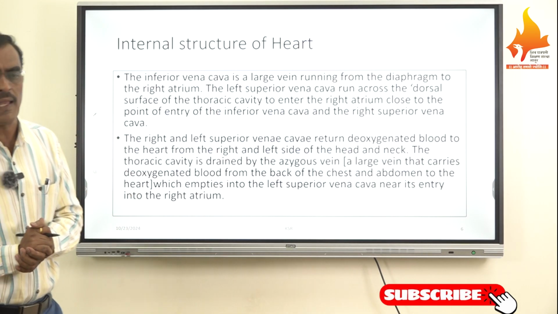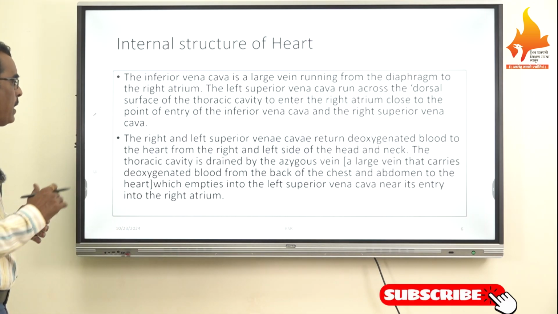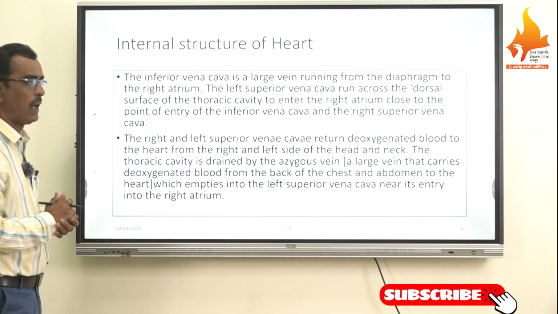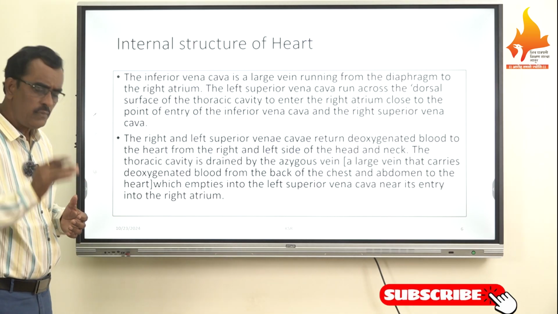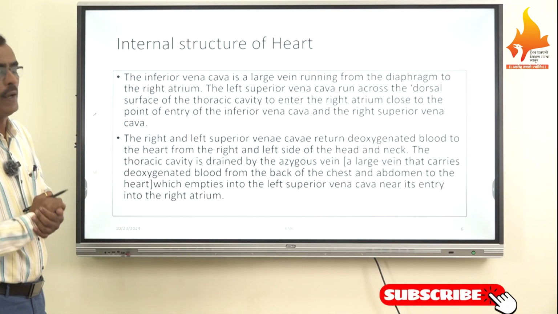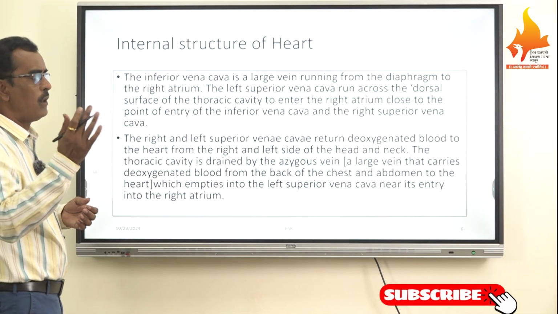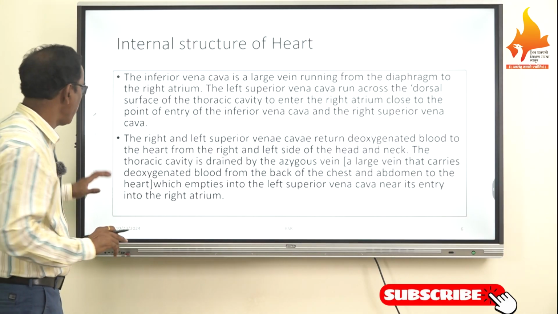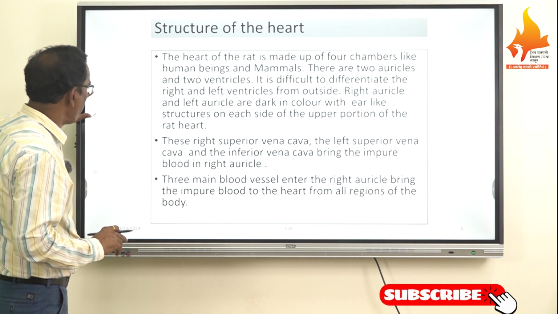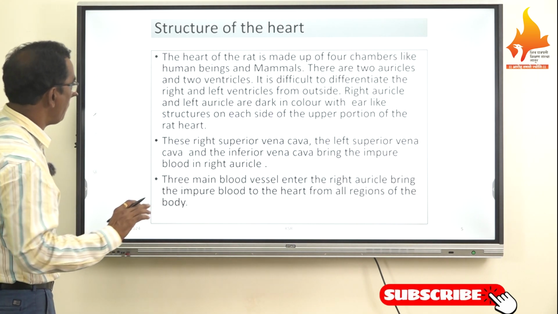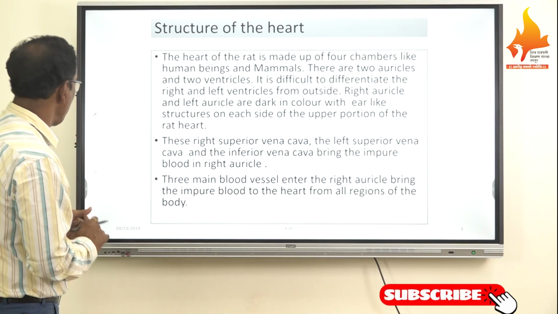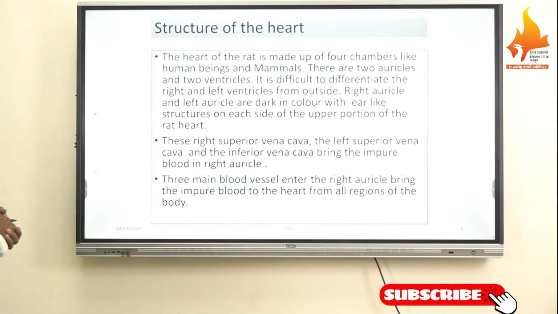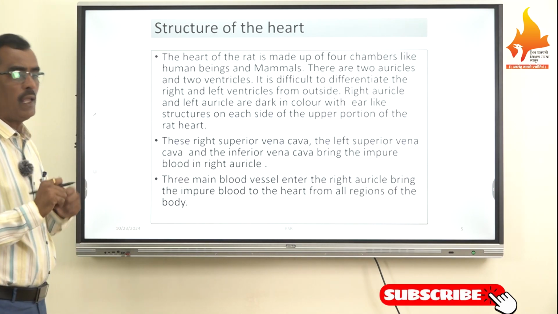The main function of the superior and inferior vena cava is to collect the deoxygenated blood from all parts of the body and bring it into the right side, which opens into the right auricle, then the right ventricle, and gives the blood to the lungs for purification via the pulmonary artery. So it is very important to summarize the internal structure of the heart, because when you summarize it perfectly, it is easy to explain the working of the heart.